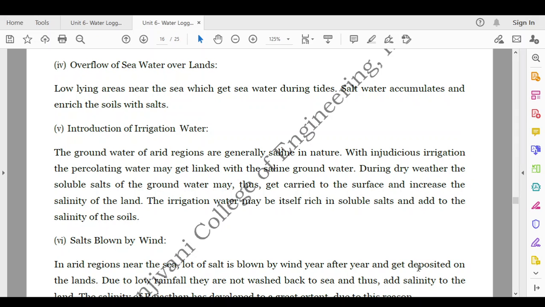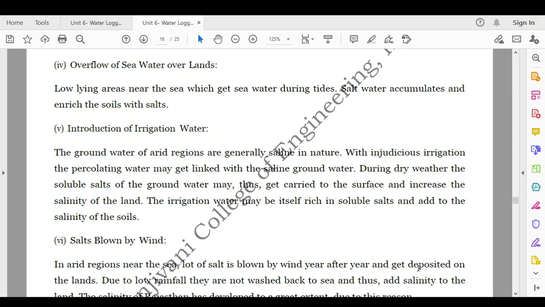With injudicious irrigation, the percolating water may get linked with the saline groundwater. If there is no proper planning of irrigation water, then the percolating water will contaminate the irrigation water, and further the saline groundwater will come in contact with it.